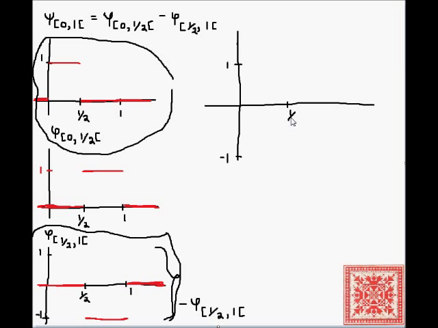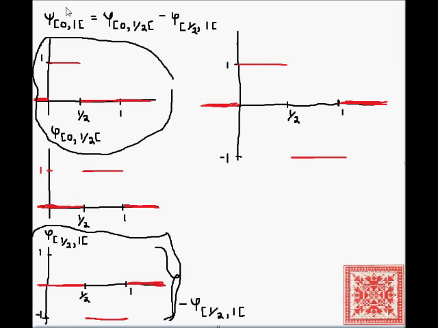So this is the final graph. On this interval it will be 1, and then from 1/2 to 1 it's 0 minus 1, so it will be minus 1 from 1/2 to 1.